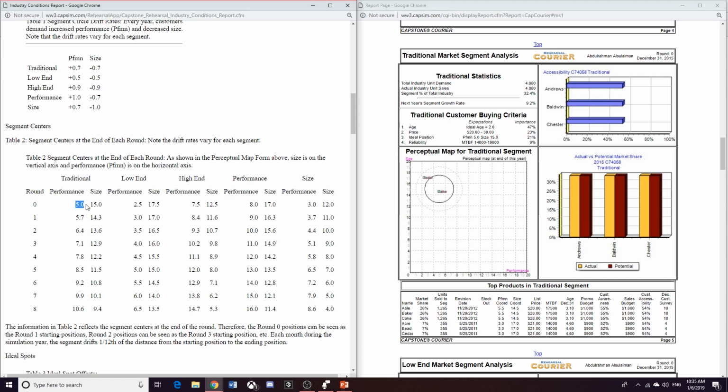This is the end of round 0 and the beginning of round 1. And then at the end of round 1, the traditional segment performance is 5.7 and the size is 14.3. So it is true, the drift is plus 0.7 for performance and negative 0.7 for size. Performance increased by 0.7 and size decreased by 0.7.